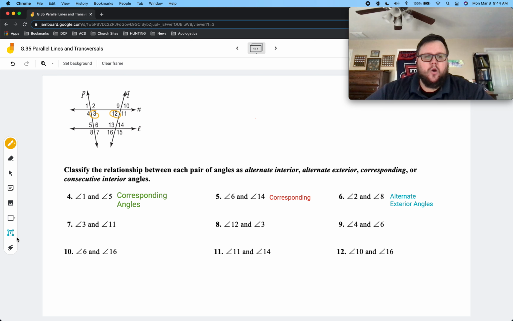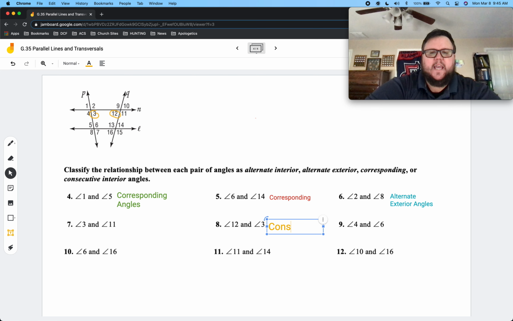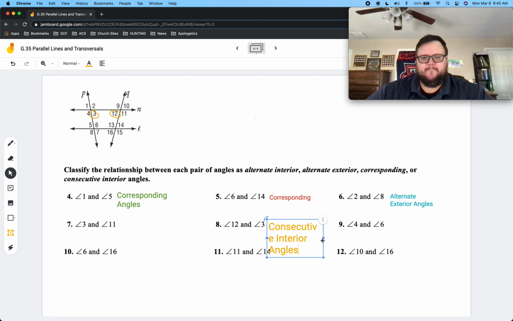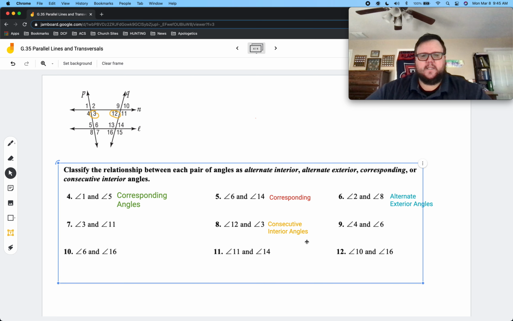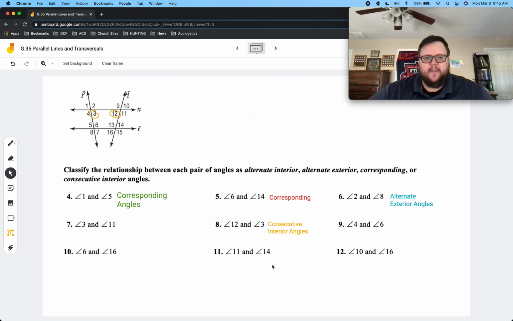So what we know is that if they're on the same side interior, then that means they are consecutive interior angles. So they are consecutive interior angles for number 8.